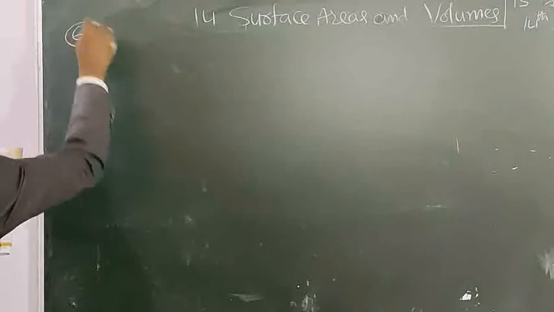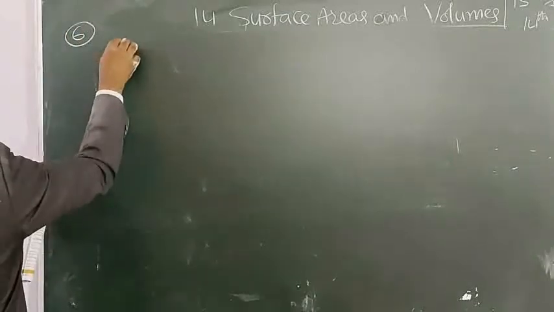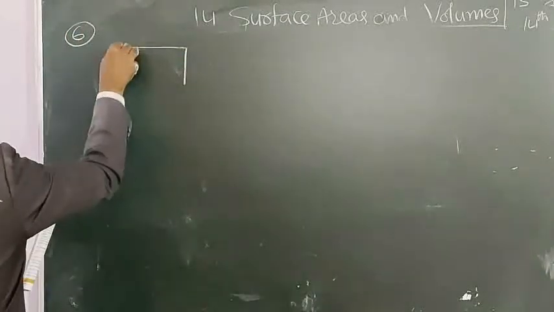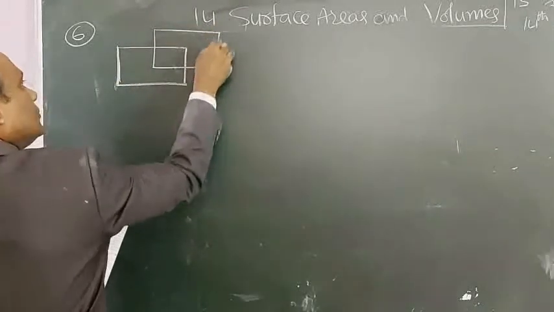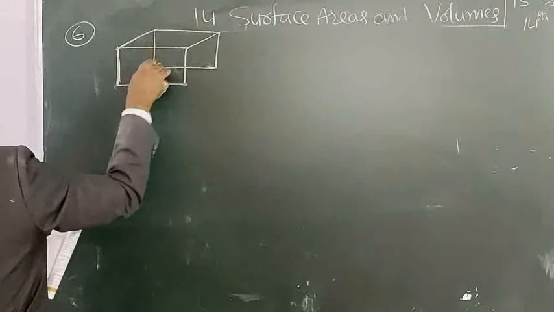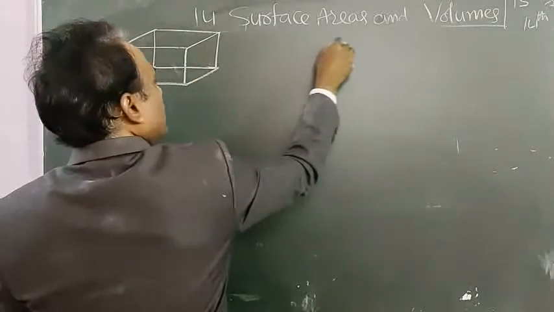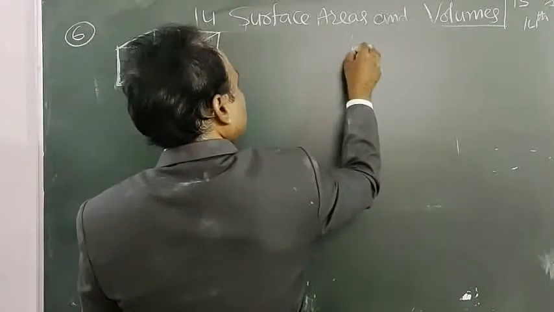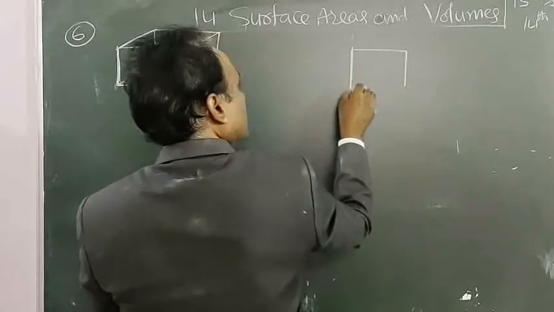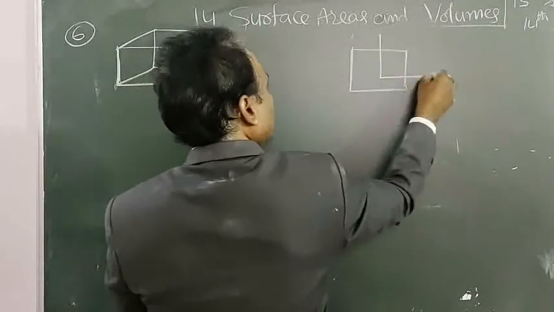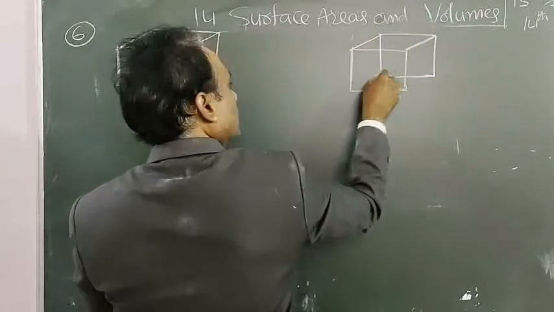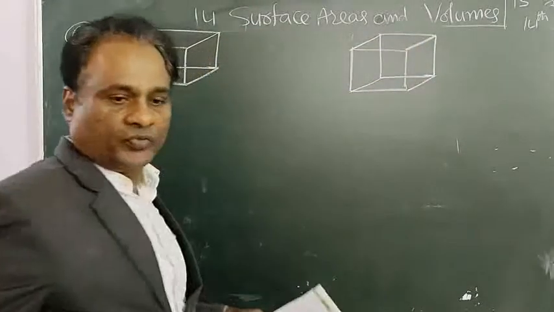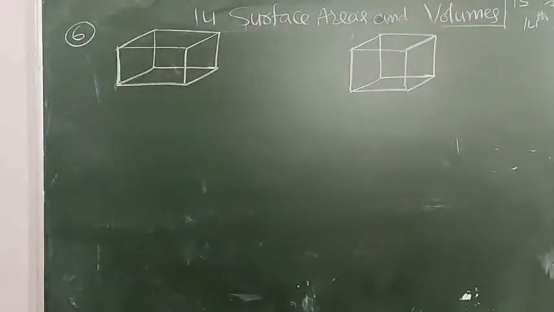Sixth question. Students, there are two figures. One is a cuboid, one is a cube. Two figures, cuboid and cube.